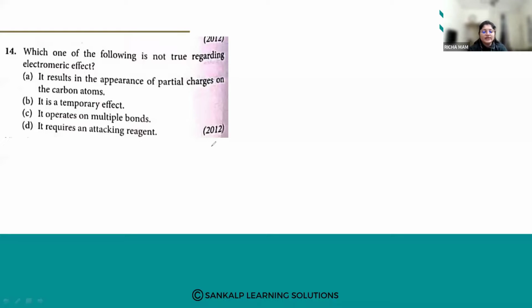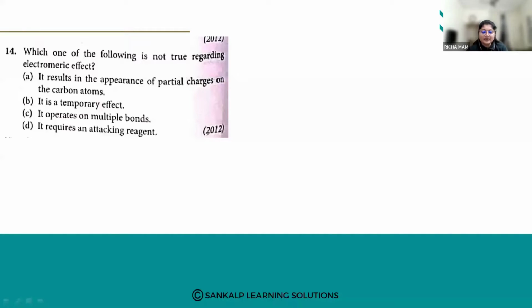Okay. So what is the electromeric effect? What does it involve? Yes, anybody? Transfer of electrons of multiple bonds to one of the bonded atoms. Yes, very good.